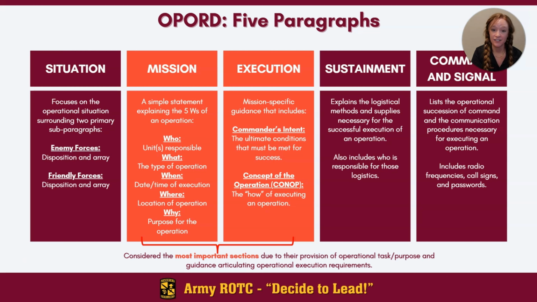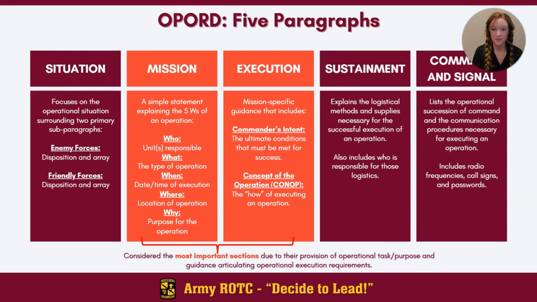Now for command and signal, that's your last paragraph. That's going to list the operational succession of command. So if I'm briefing you, who's in charge if I go down? And then who's in charge? And then who's in charge? That's your succession of command. It also outlines all the communication procedures, what we're going to use. We call something a PACE plan.